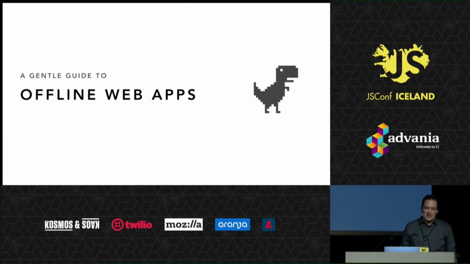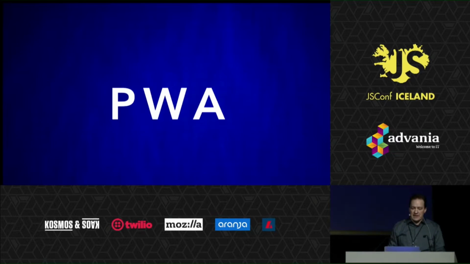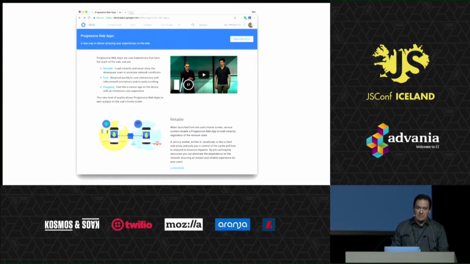So let's get started with a gentle guide to offline web apps. Nowadays, most discussions of offline web apps start and end with PWAs, or progressive web apps. The PWA initiative was pioneered by Google a few years back with a goal of making web apps reliable, fast, and engaging.